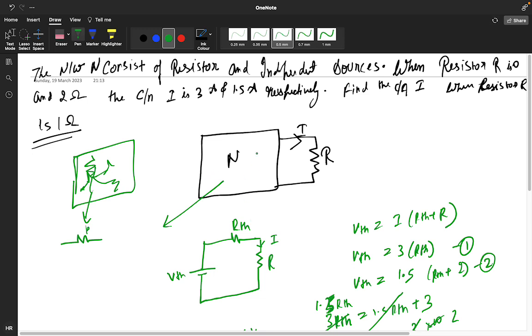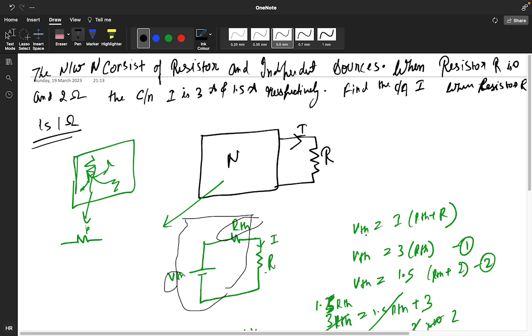So I have mentioned this network can be made like this, and some load is connected, that R is my load. In the question they said the values of VTH and RTH remain constant for any value of R.